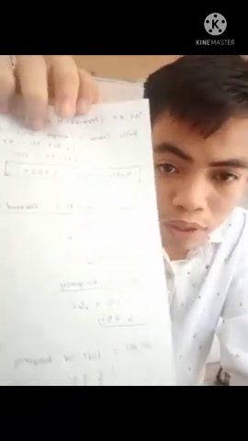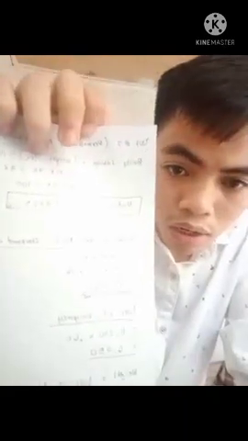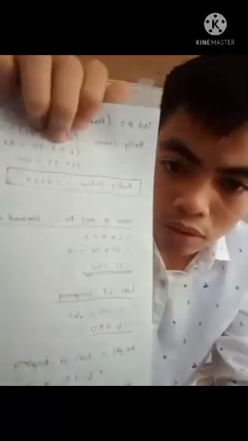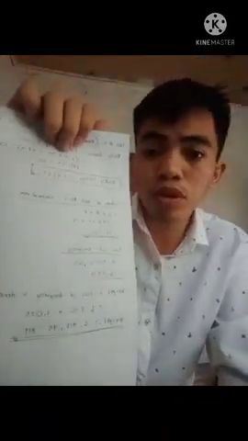Then loss of buoyancy is 11,250 times 60%, or 0.60, which is equal to 6,750. Then that is our loss of buoyancy.